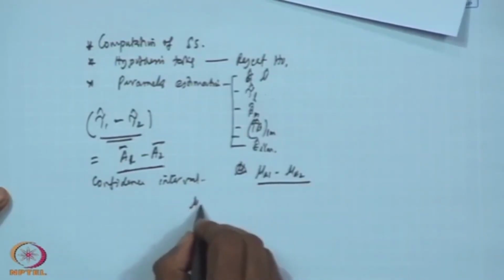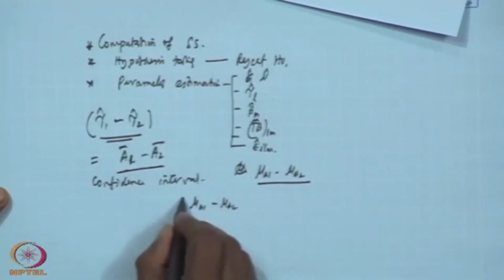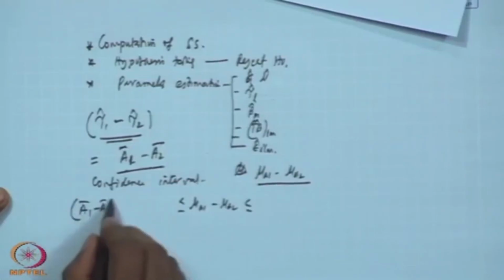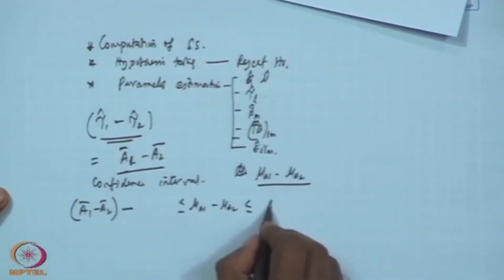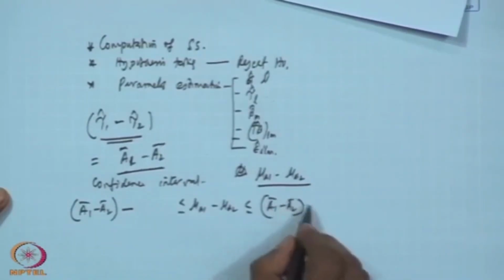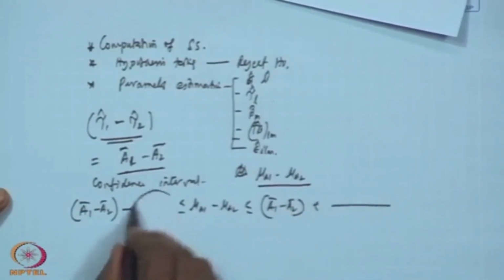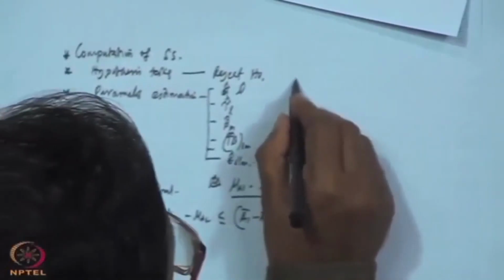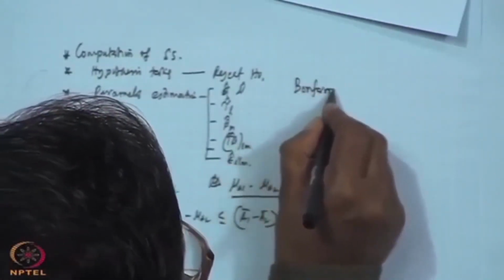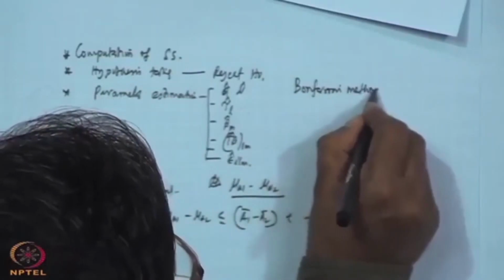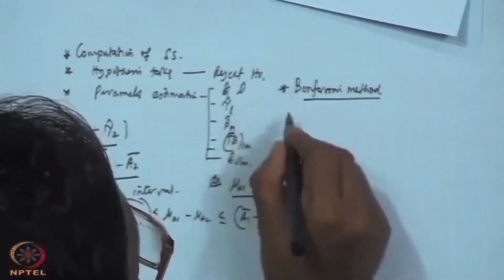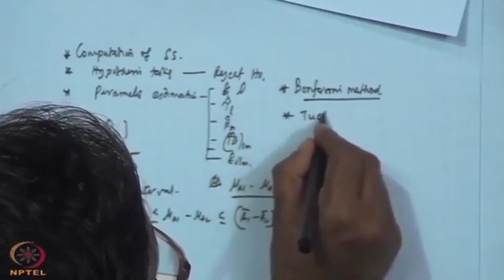Then you also require the sample value A1 bar minus A2 bar, plus or minus some values. Where did you get these values from? Okay. So, you can go for the Bonferroni method. You can go for the Tukey method.